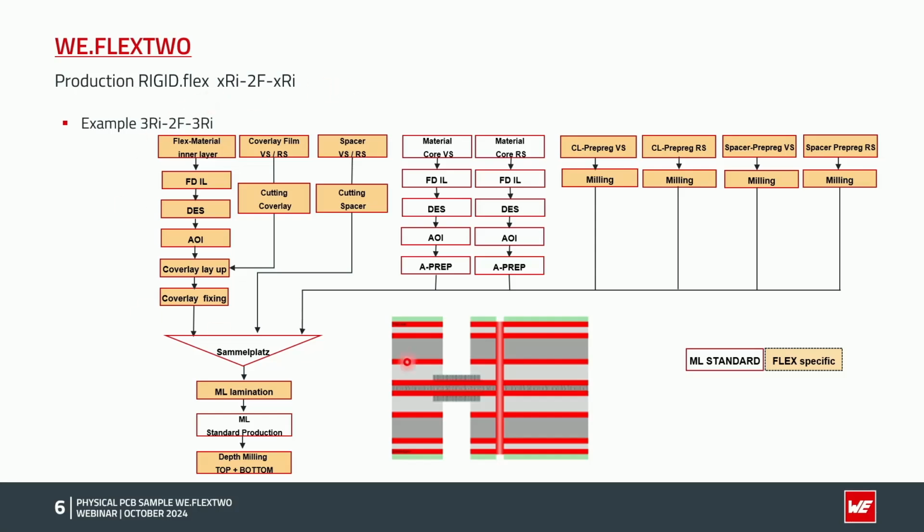So all these materials come together before the lamination step, and after the lamination step, everything runs in the same way as for a rigid multilayer. The only exception is the depth milling at the end to remove the rigid parts in the flex area. So the main work for rigid flex boards is in the beginning, before lamination of the board.